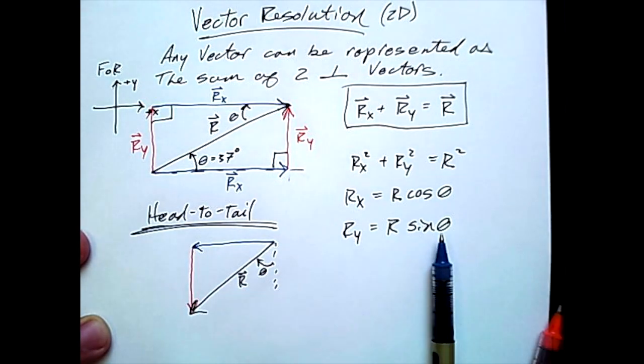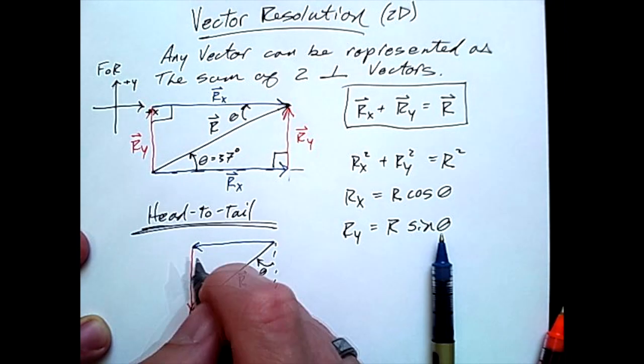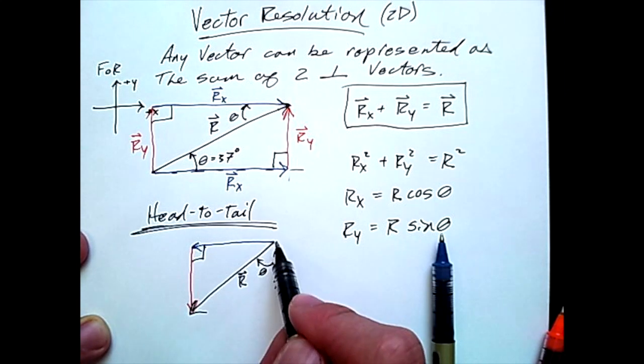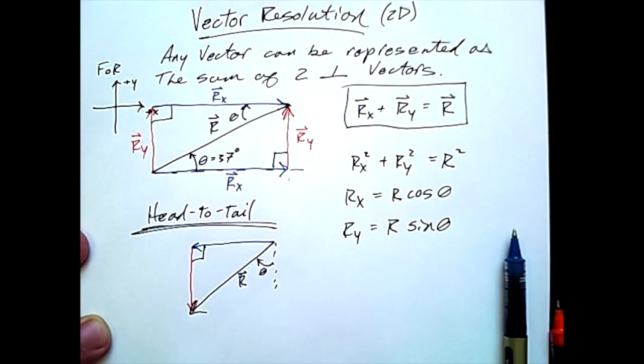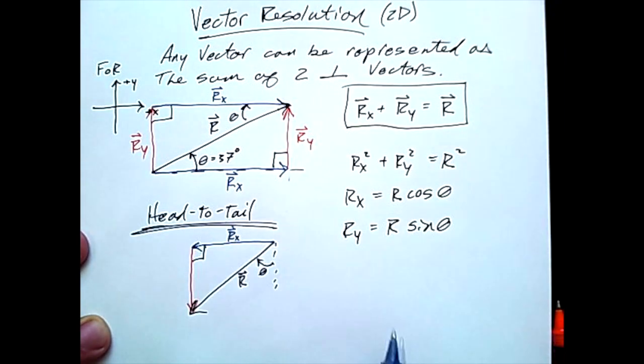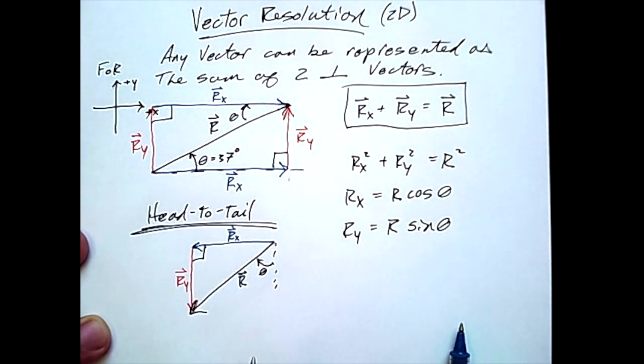Drawing those things head to tail, I drew the first vector, then I drew the second vector. And then I said to myself, this is to the left and down, r is to the left and down, and so that's appropriate. Then I would label this as r x, and I would label this as r y, and then I would go through my triangle in order to determine where theta lands.